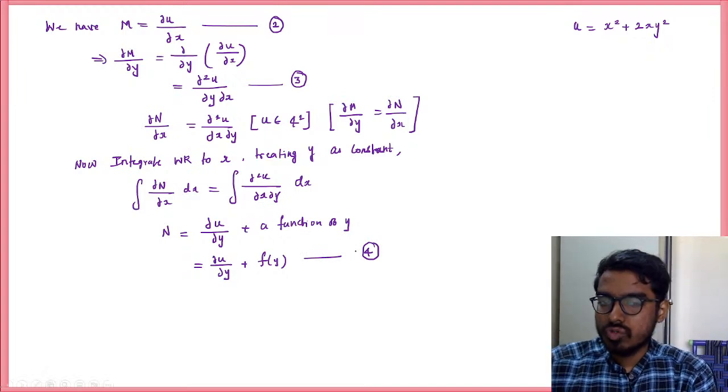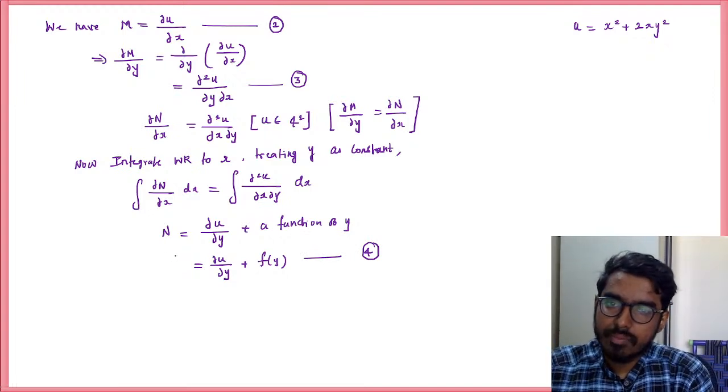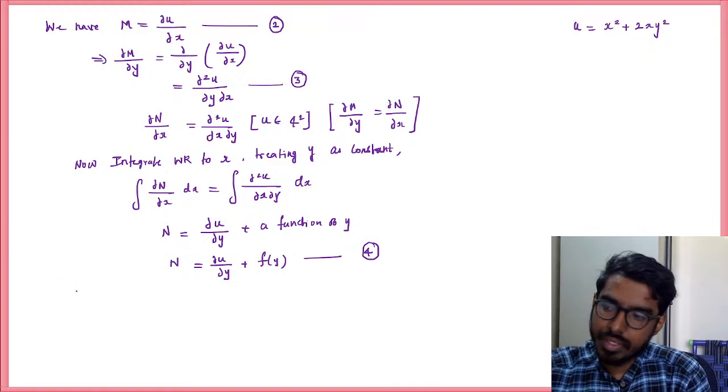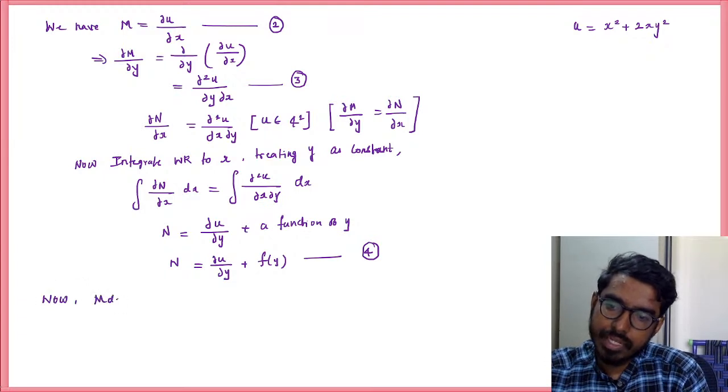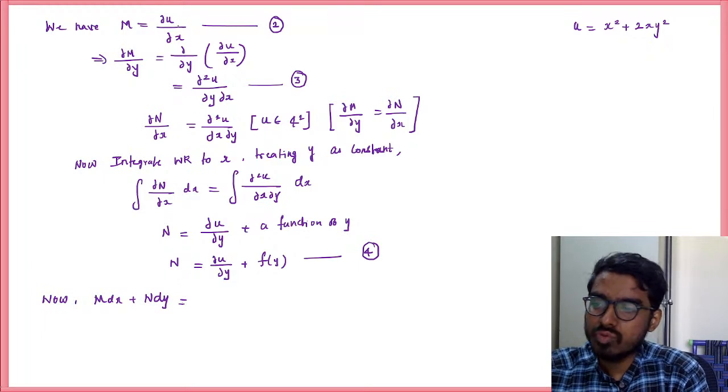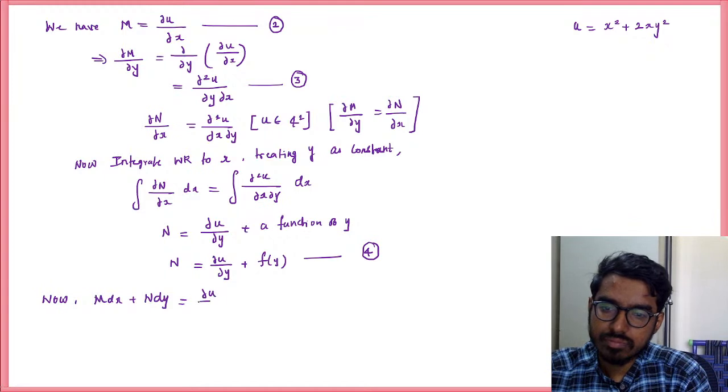So from 2 and 4, what about M dx plus N dy? What is M? M is ∂u/∂x, times dx.